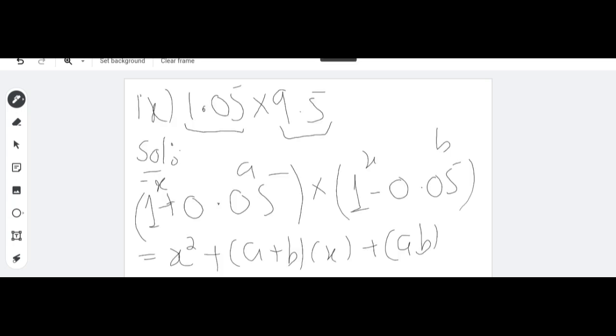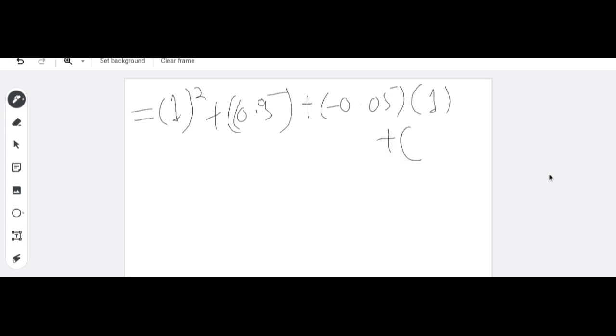Well, this is going to be 1 square plus 0.05, and then plus with minus 0.05 multiplying with 1, addition 0.05, then 0.05 with minus.